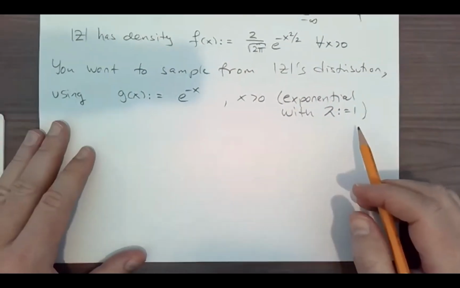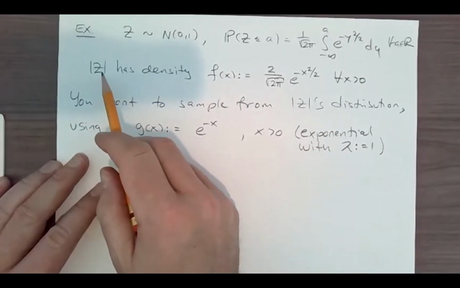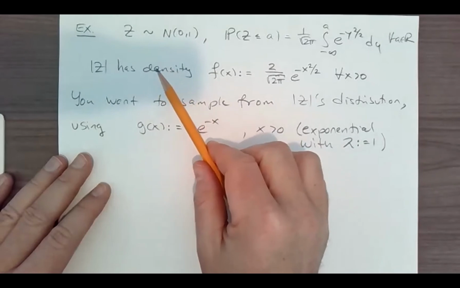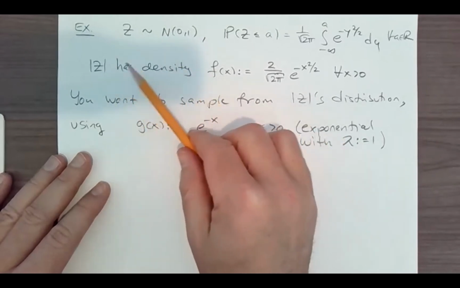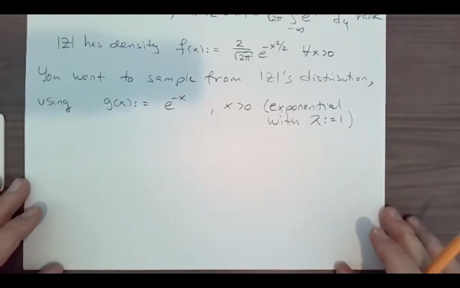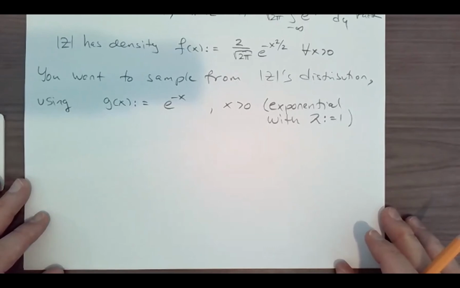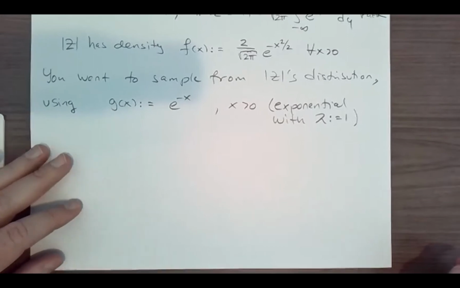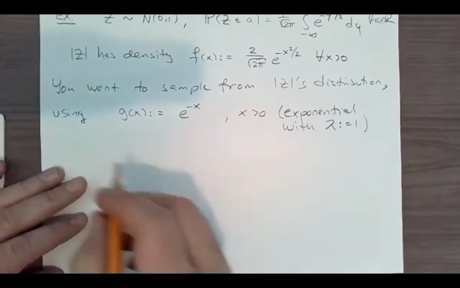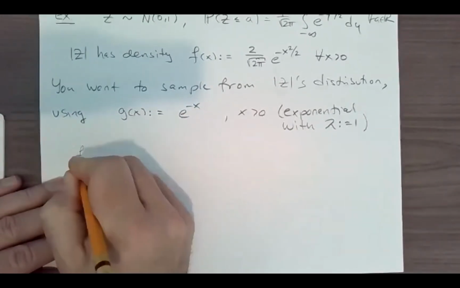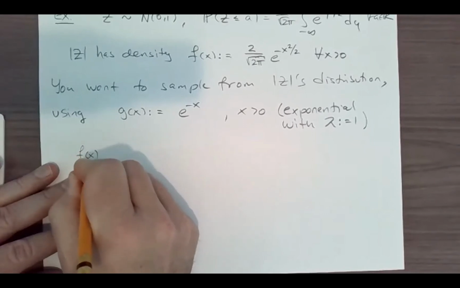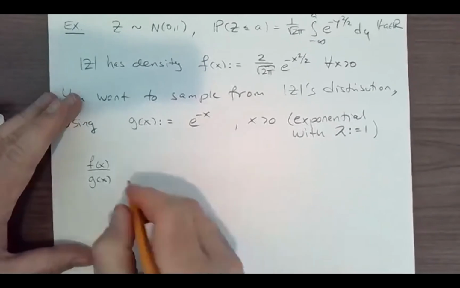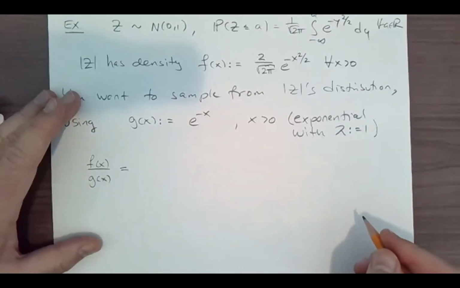If I can sample from an exponential, how can I sample from this distribution, which is given by the absolute value of a normal? Okay, so what we have to do is look at this ratio, f of x divided by g of x. That was the ratio that was crucial.